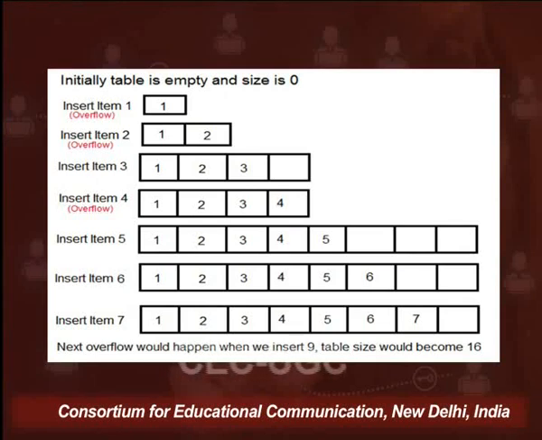Again we need to allocate a new array, because the old array had 4 elements and all 4 are already filled. So we make a new array of double the size, that is 8, copy 1, 2, 3, 4 onto the new array, and insert the new element, which is 5.